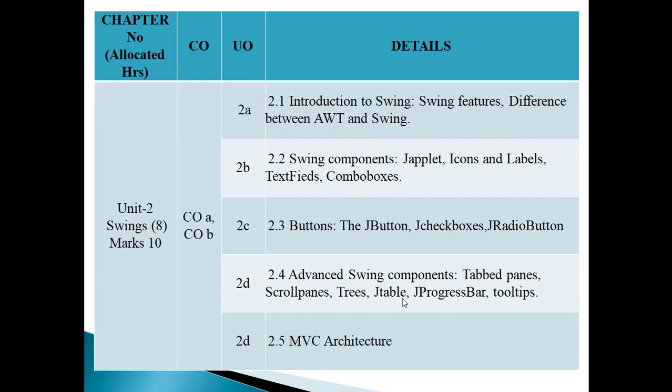Tooltips. Tooltips are nothing but informative controls. When the mouse is hovered over any control, it displays a small piece of information that is called a tooltip. Last one is the MVC architecture, model view controller architecture. This is the architecture used to design Swing controls.